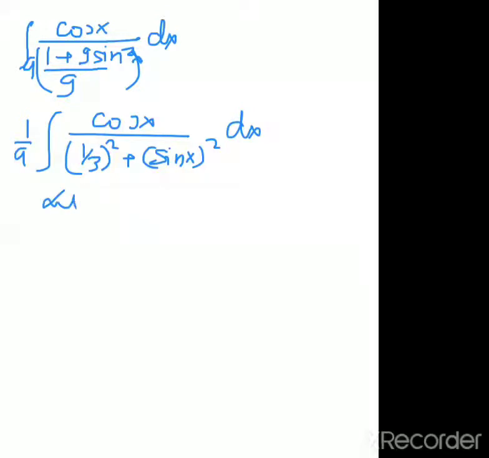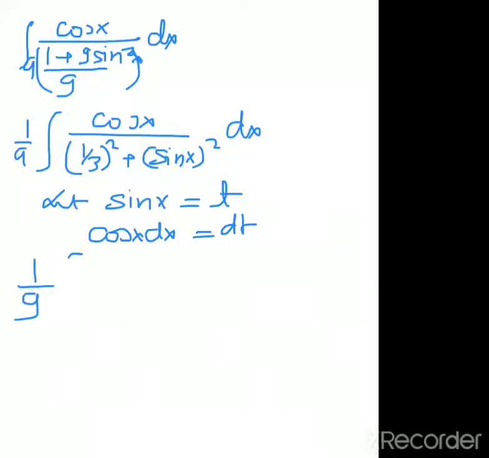Let sin x equal to t, cos x dx will be equal to dt. So 1 upon 9 integral dt upon 1 by 3 whole square plus t square. Now it becomes 1 upon a square plus x square.